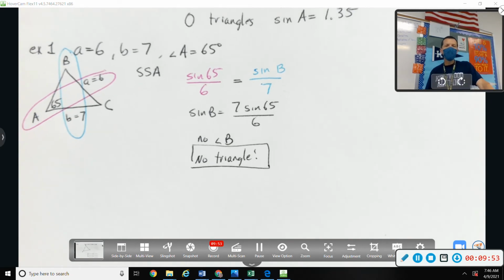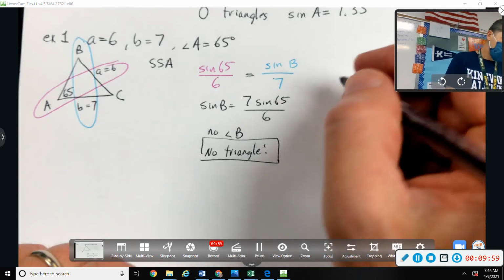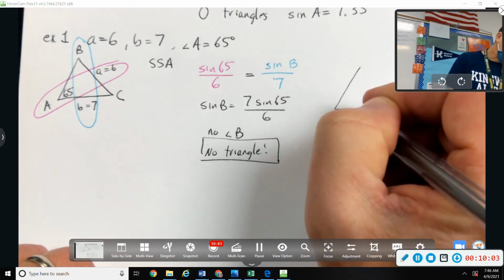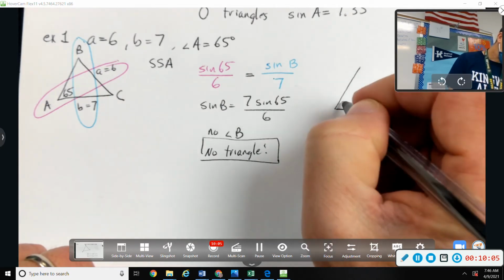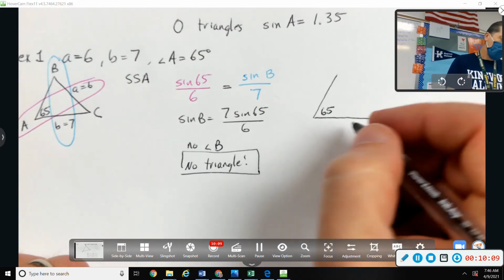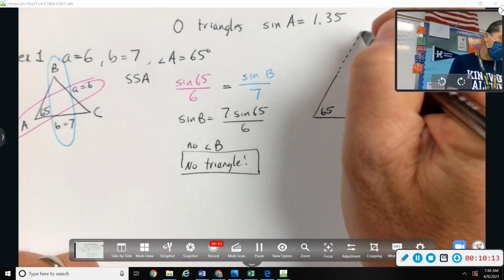Now, maybe that seems weird because you're like, well, we just drew the triangle right there. What do you mean no triangle? If we drew it to scale, so I'll try to draw it roughly to scale. That's 65. We're going to say that's 7. I don't really know how long this side is over here. We weren't given that.